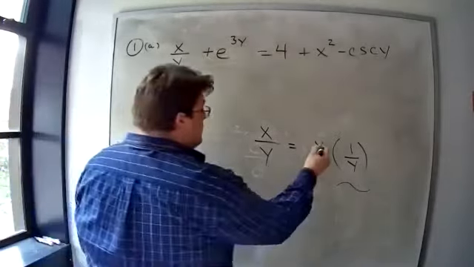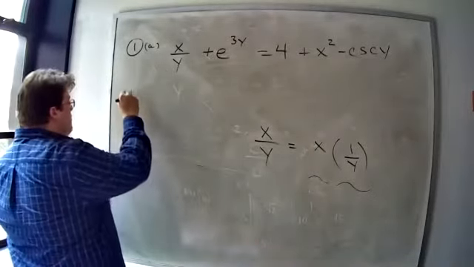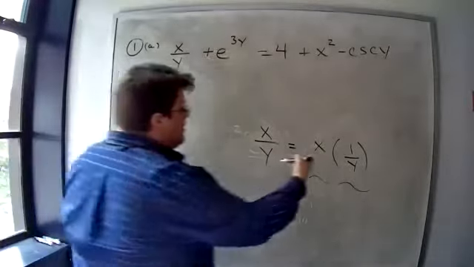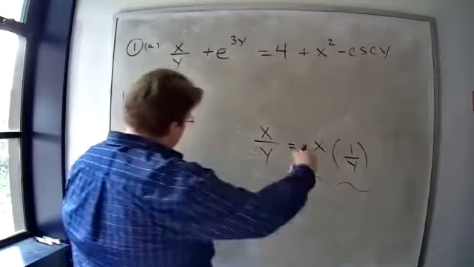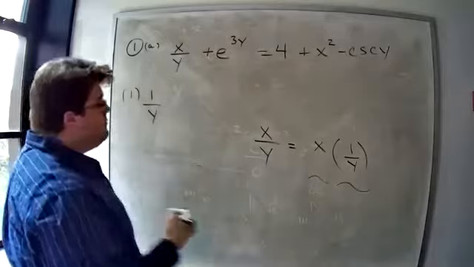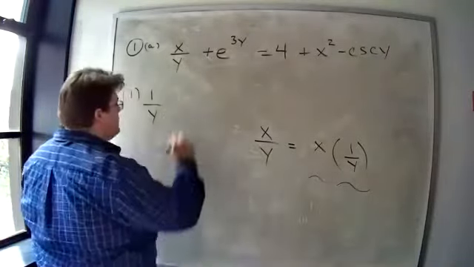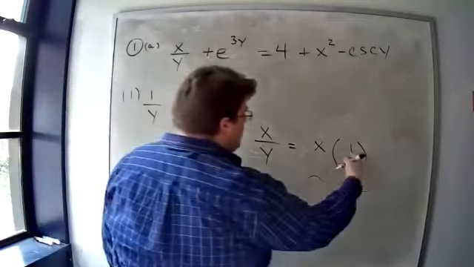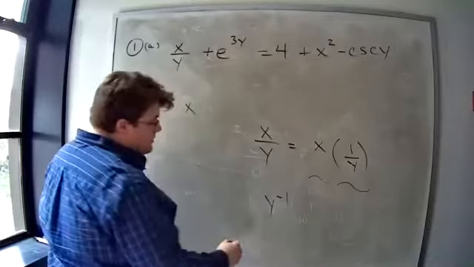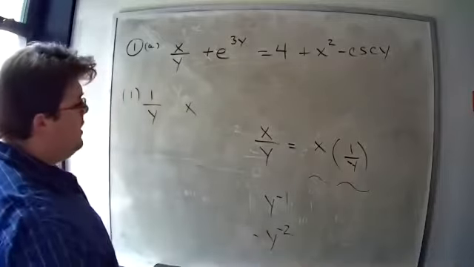Differentiate with respect to x. The derivative of x is 1. Leave the second alone. So we get 1 over y plus the first, which is x, times the derivative of the second. Now, you could write it as y to the negative 1, and its derivative would be negative y to the negative 2.